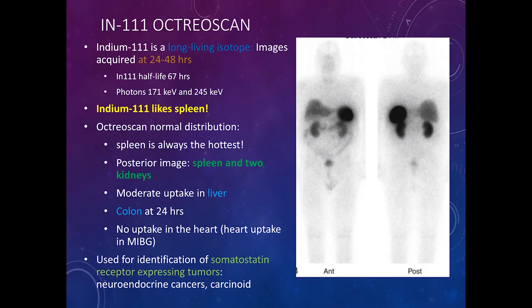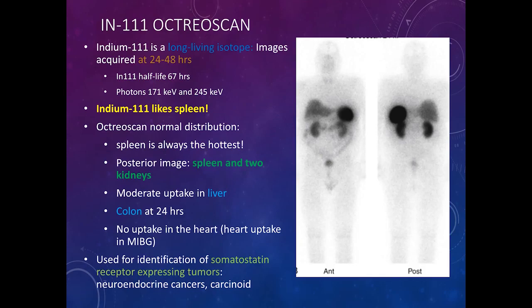And on the right side, you see normal biodistribution of indium. I usually remember that indium likes spleen. So you see spleen, and it's the hottest. So when you have a question what radiotracer it is, and spleen is the hottest, think indium.